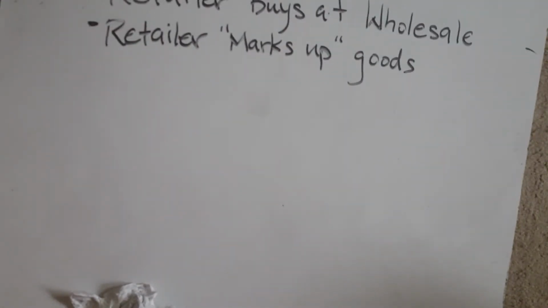And a good retailer is going to have some sort of formula. They're not just going to willy-nilly mark up their goods according to the way they feel that day. They are going to have a fairly good idea of what their overhead is. Overhead means the cost of doing business, okay? If you've got a store, like a grocery store, say, there's certain costs that you're going to have to pay whether you sell any of your groceries or not.